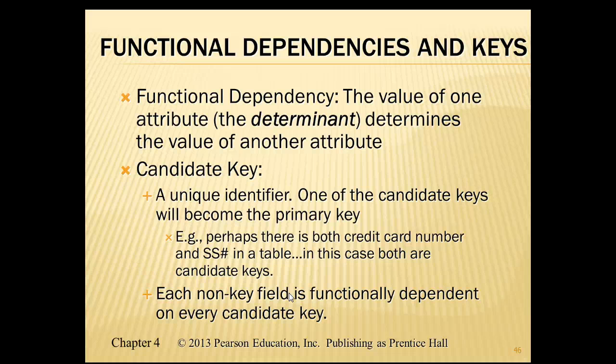It's basically a unique identifier or an attribute that can qualify as a unique identifier. And one important detail is that each non-key field is functionally dependent on every candidate key, and we'll see how that works here in just a sec.